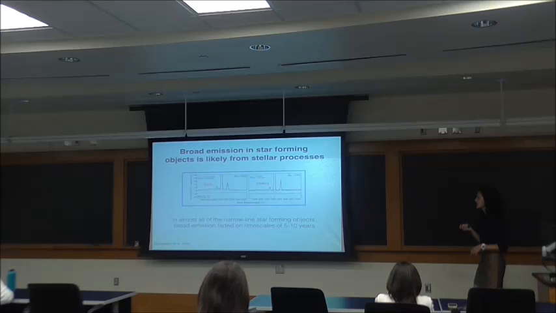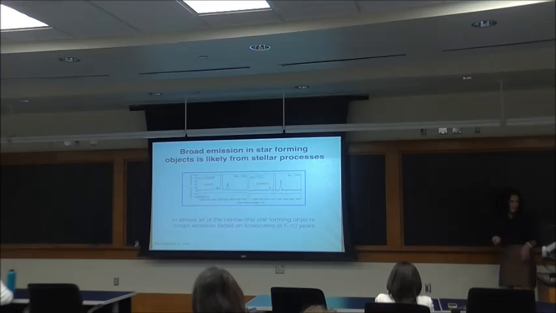So this is just one example of a star-forming dwarf galaxy that has broad H alpha emission in its Sloan spectrum of a few thousand kilometers per second, full width half max. And then in the follow-up spectrum, the broad H alpha emission is totally faded, which suggests that this is from something like a type 2 supernova as opposed to an AGN.